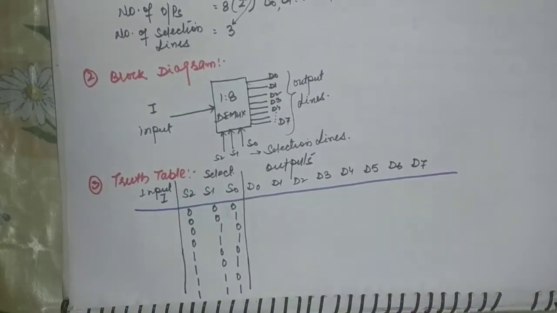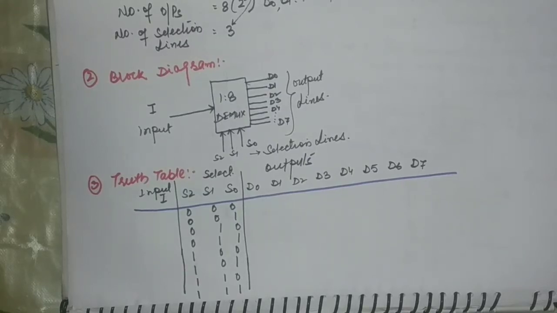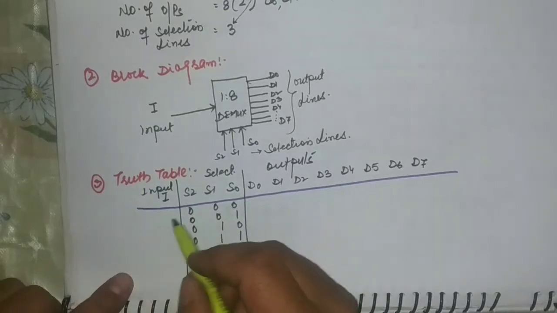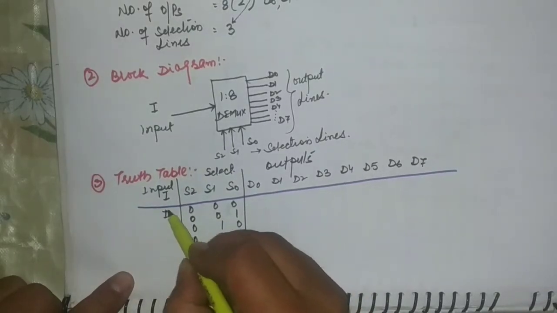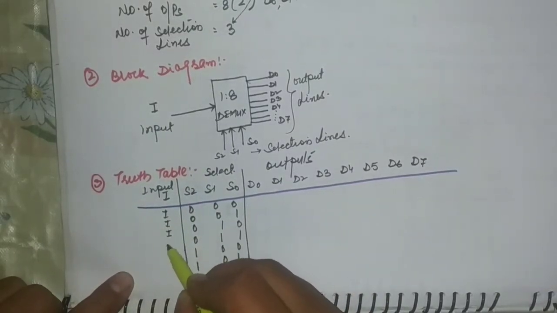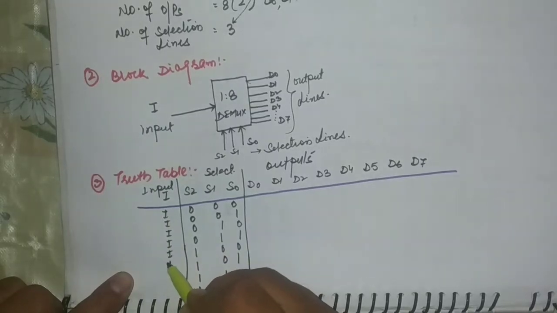The input remains the same, so it is 1 for all 8 rows.